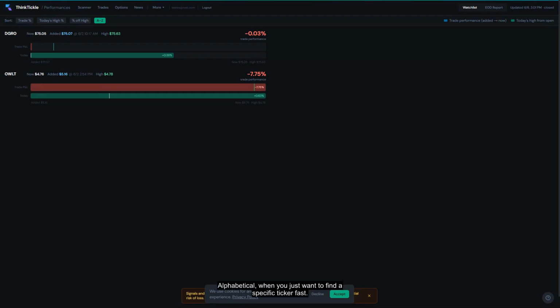Alphabetical, when you just want to find a specific ticker fast. Back to trade percent for the rest of the walkthrough.